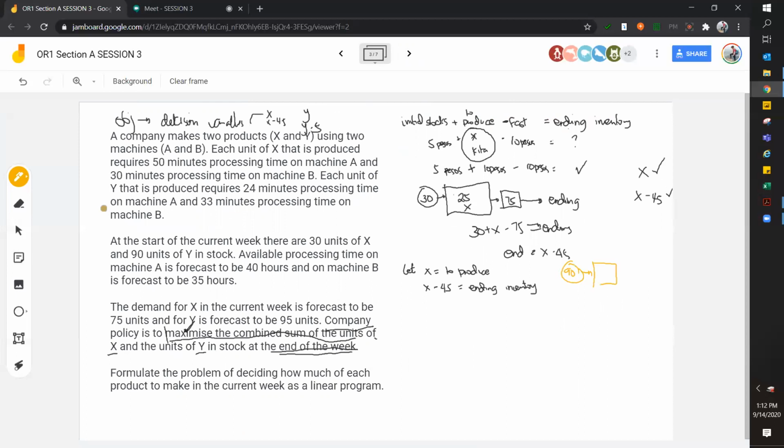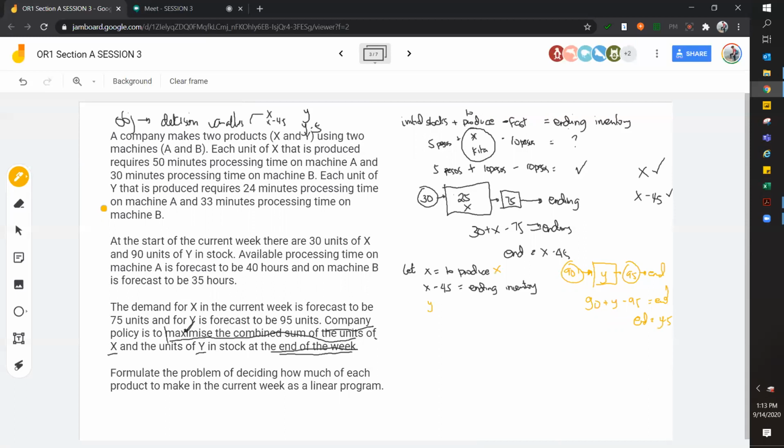Magpo-produce tayo ng a certain y value. Malinaw? And then, kailangan ng 95. Then I have here the ending inventory. So kung i-construct natin, 90 plus y, produce ko, minus 95 na demand is equal to ending. Or my ending is equal to y minus 5.